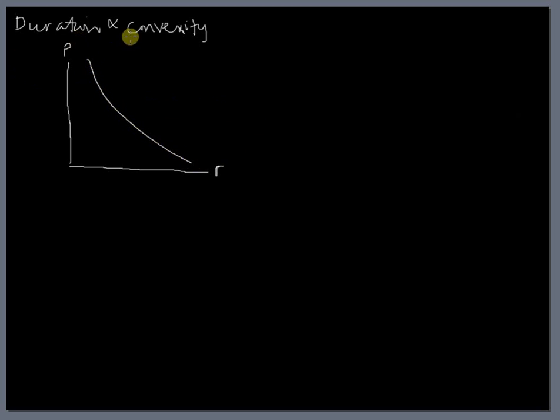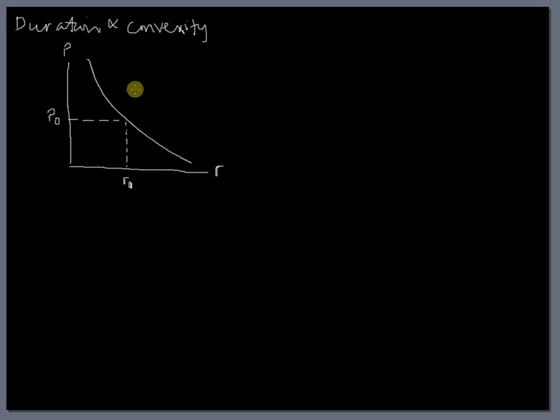Let's say we buy a bond at R, let's call it R0, at the price of P0. So the question we want to ask ourselves is, what happens when there's a rise in yield?